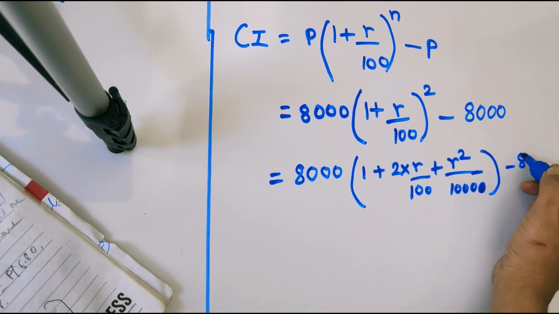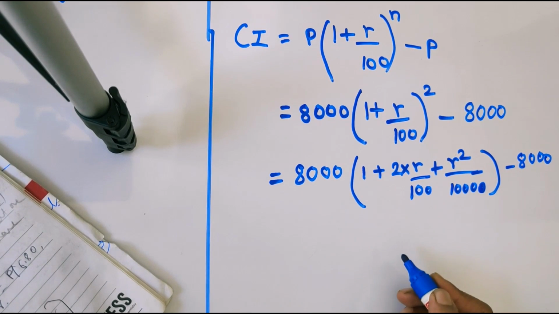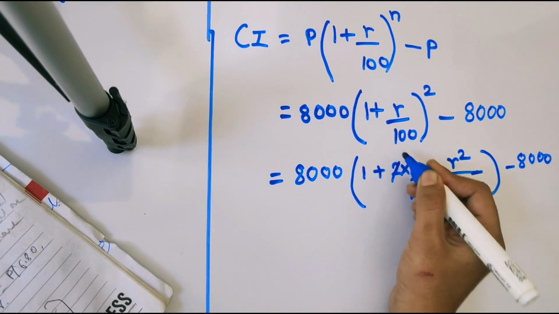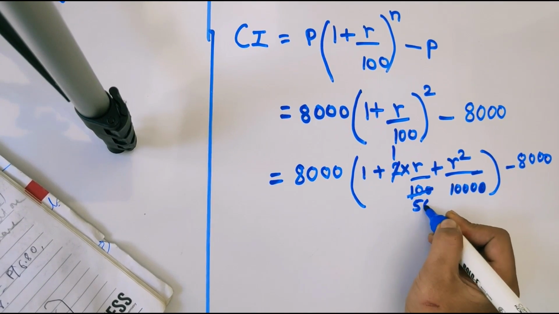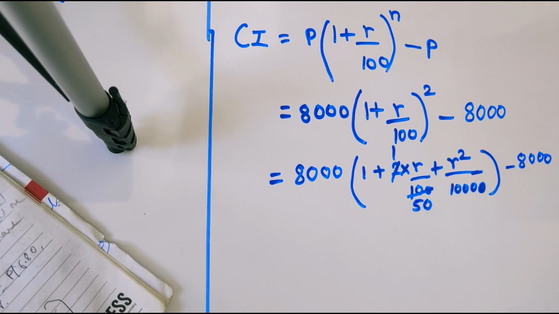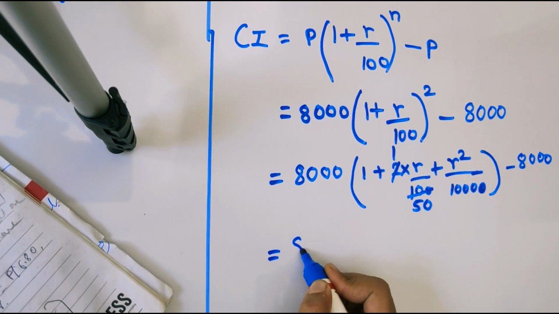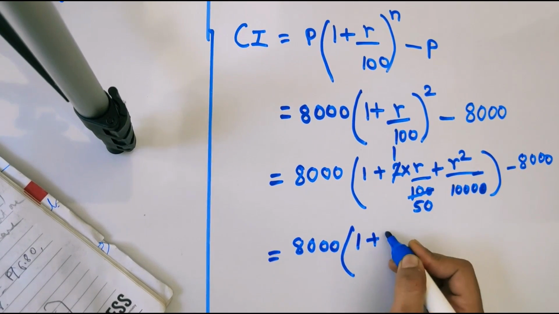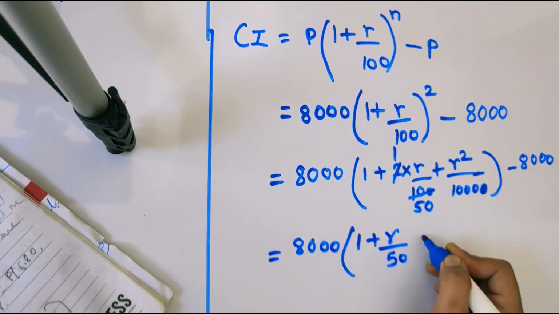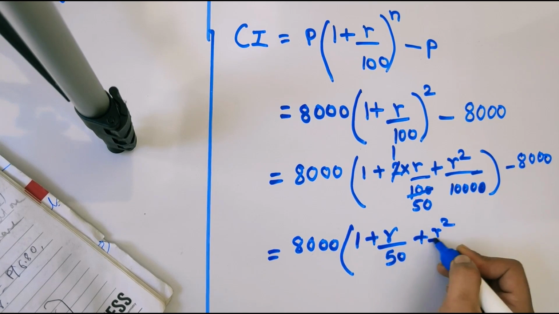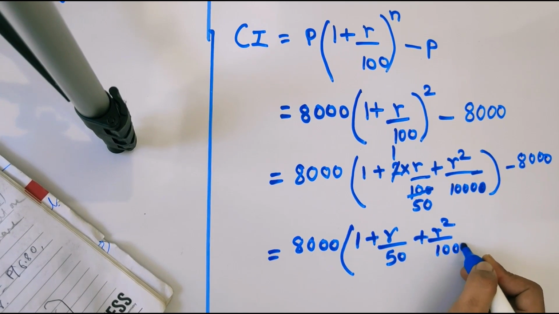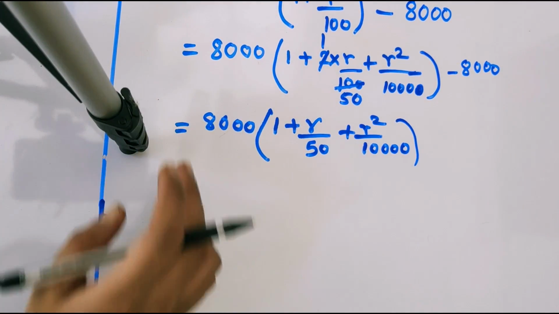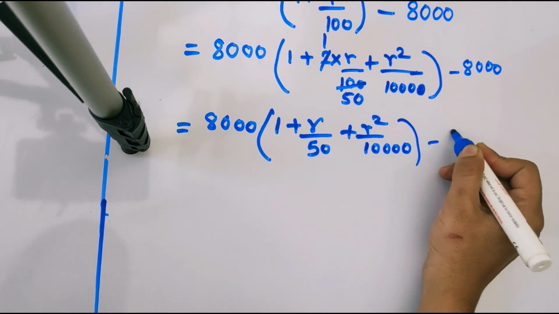Minus 8,000, right? Now this will get cancelled. So we will put it in this form, minus 8,000.